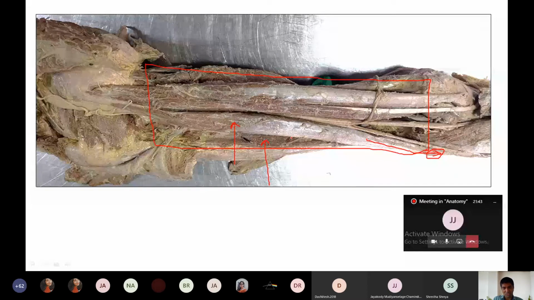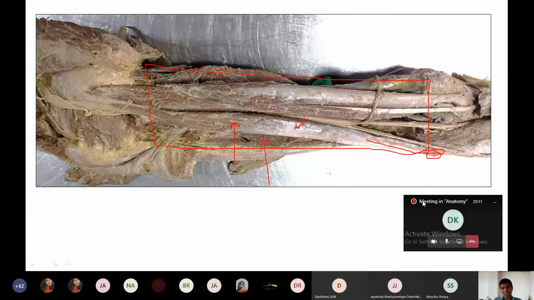Is it or not? Is the short head supplied by the common peroneal, and the long head by the tibial part of the sciatic nerve?